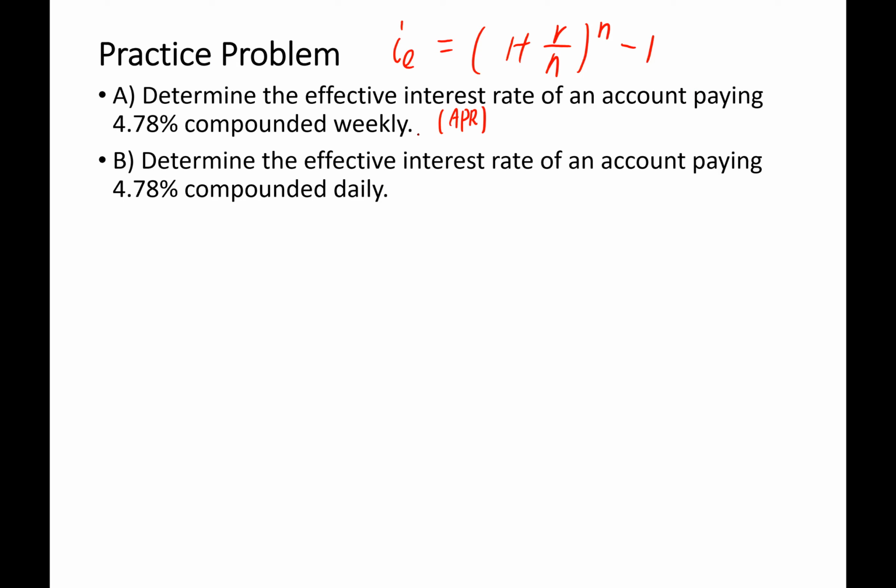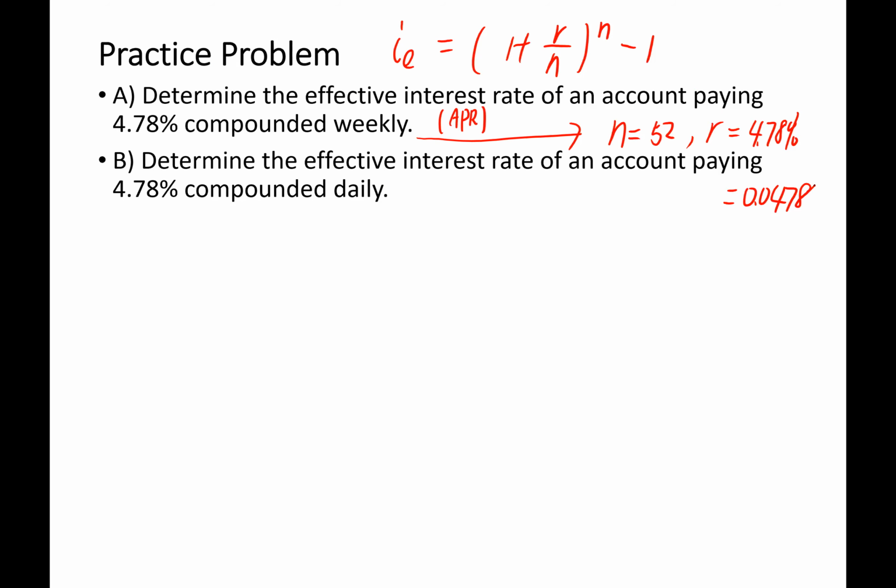And since it's compounding weekly, we know that N equals 52, right? 52 weeks in a given year. So the compounding periods are 52. The rate is given, it's 4.78%, and if you turn it into a decimal number, it will be 0.0478.